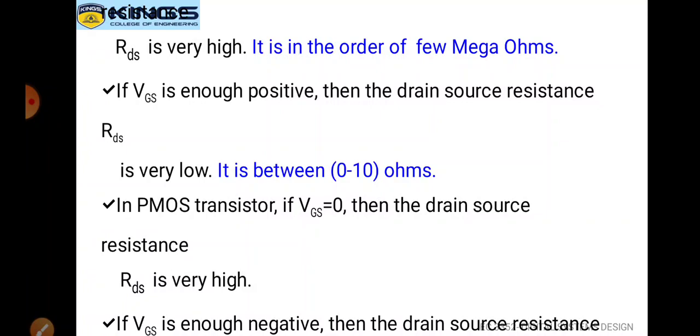So only here the VGS value goes to an enough negative value. During that time the drain source resistance value is getting low.